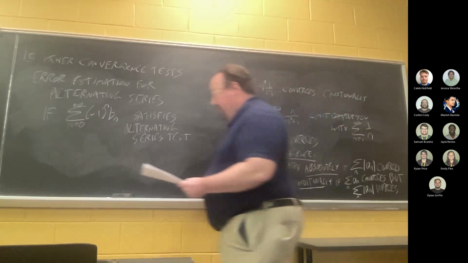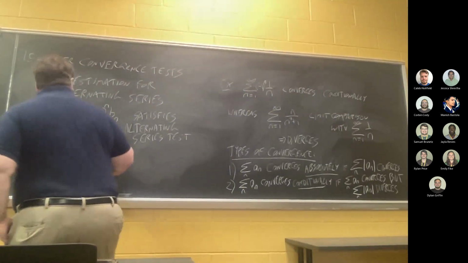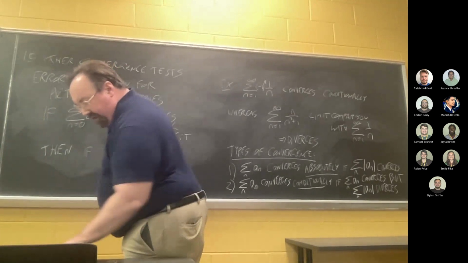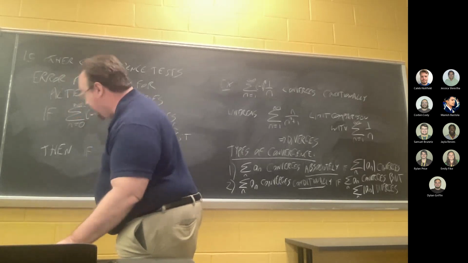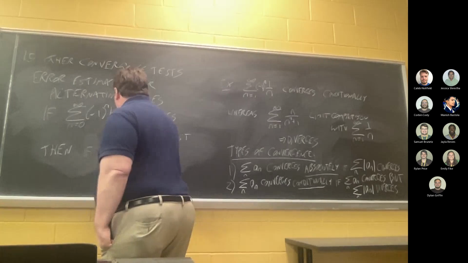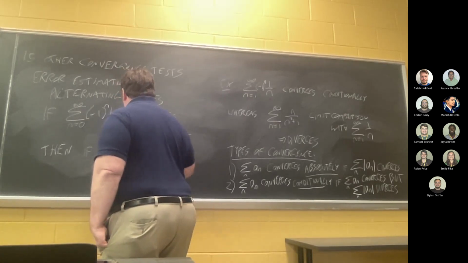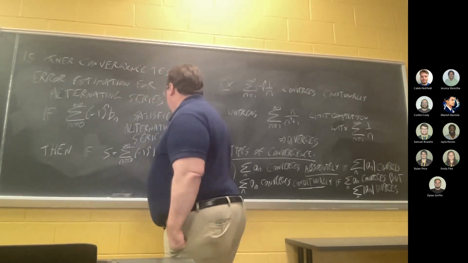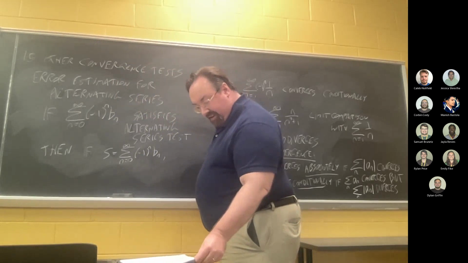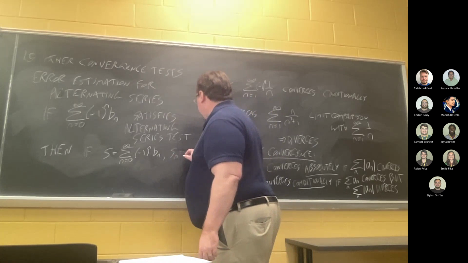Okay. Then I'm going to define the notation here. So we know it converges. So I'm going to let S equal the sum of the series. And then I will define Sn to be a partial sum.